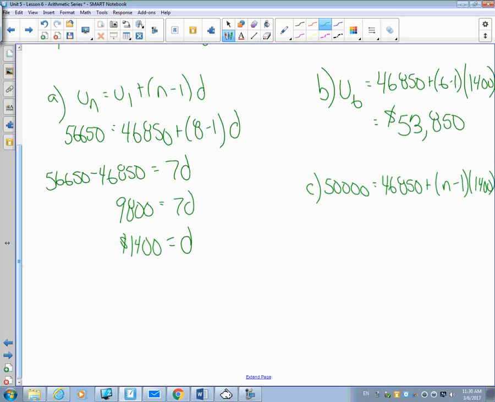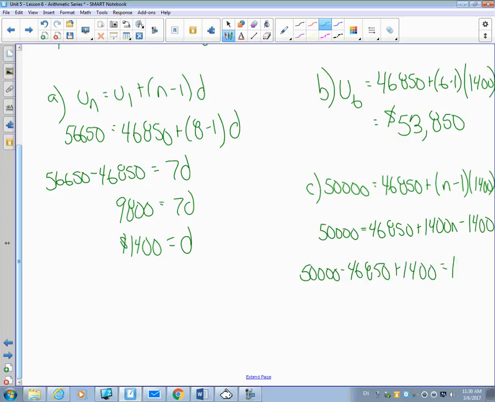Let's expand our brackets first. 50,000 equals 46,850 plus 1,400n minus 1,400. Now we'll rearrange. 50,000 minus 46,850 plus 1,400 equals 1,400n. Collect it all up, and I got 4,550 equals 1,400n. If I divide by 1,400, I end up with 3.25.